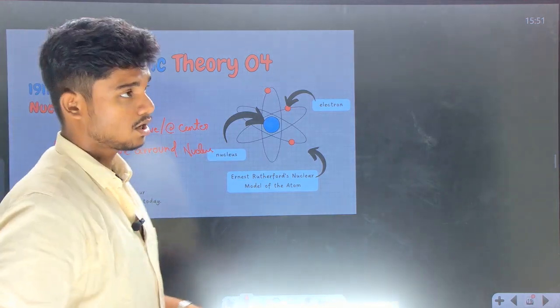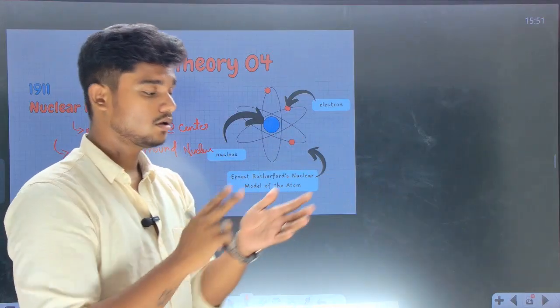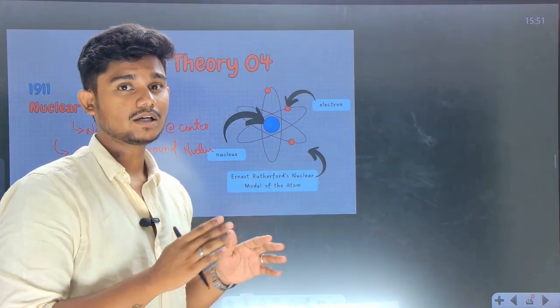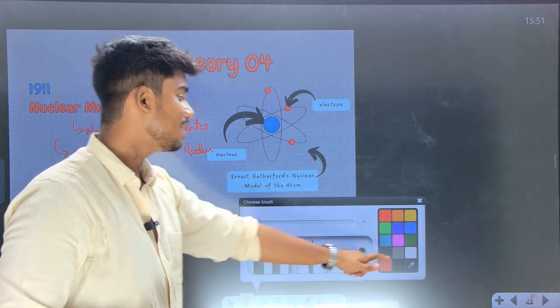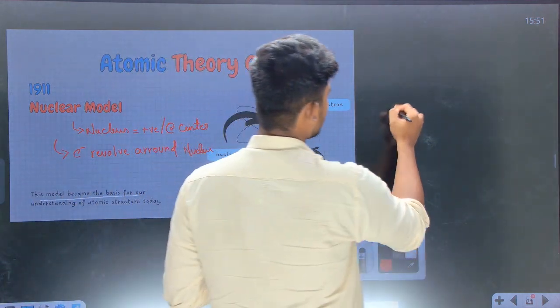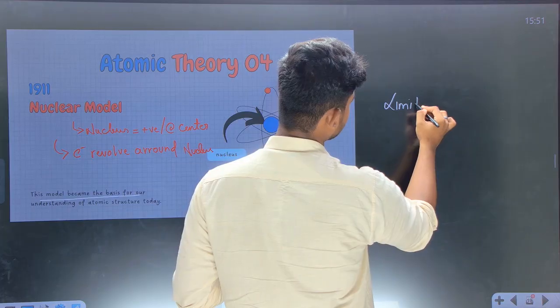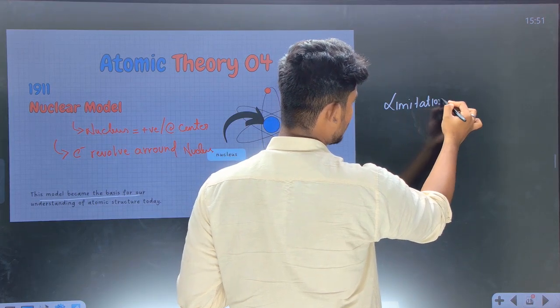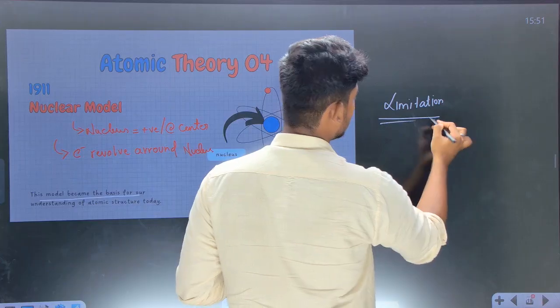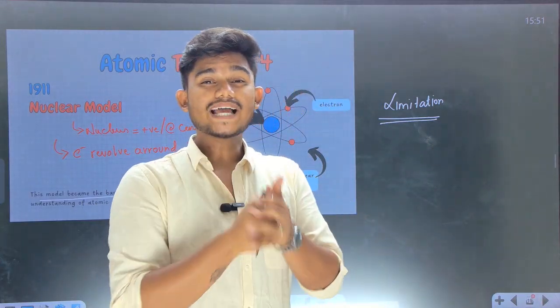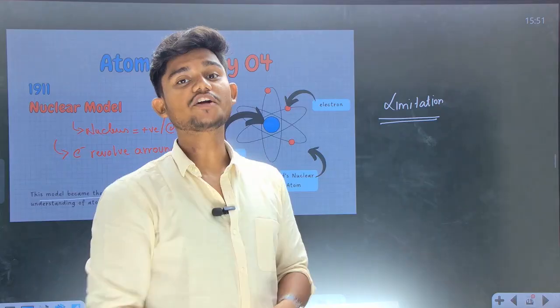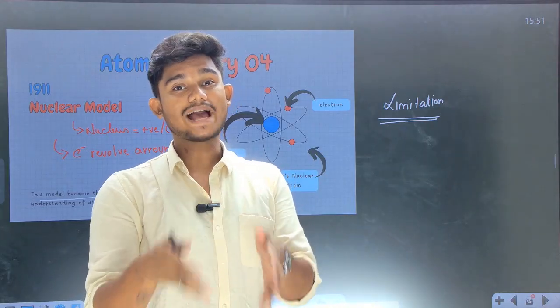Now, the two things were clear, but it's time to understand the limitation. The limitation of this particular model is classical physics, and the person who pointed out this limitation is Maxwell.